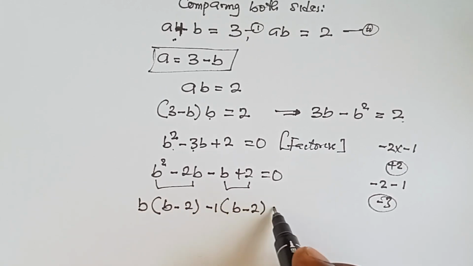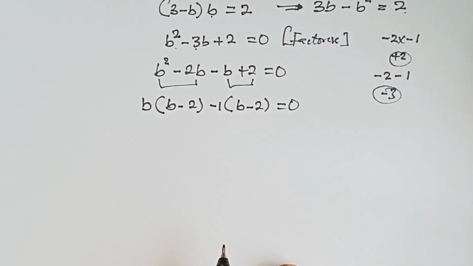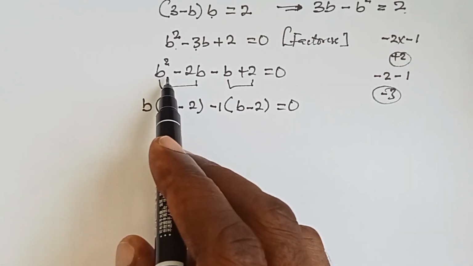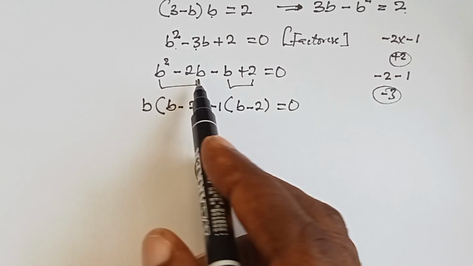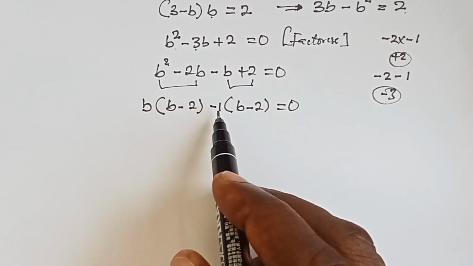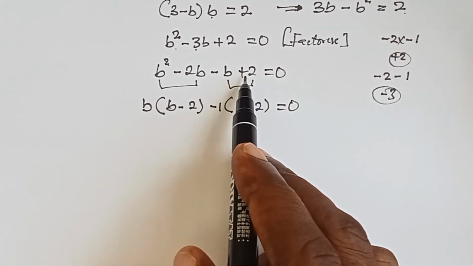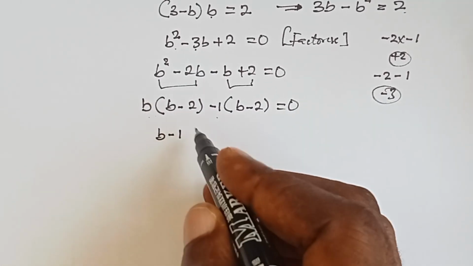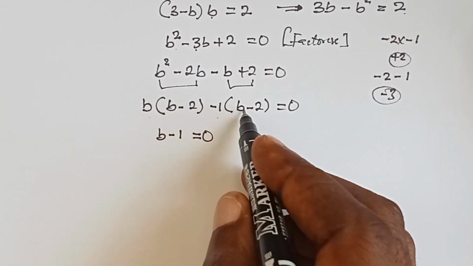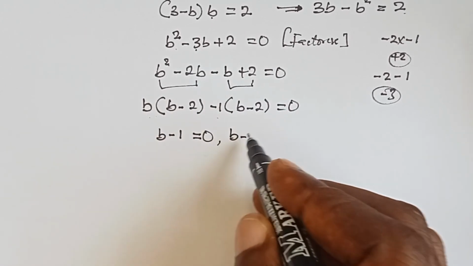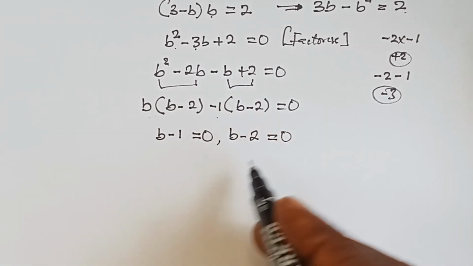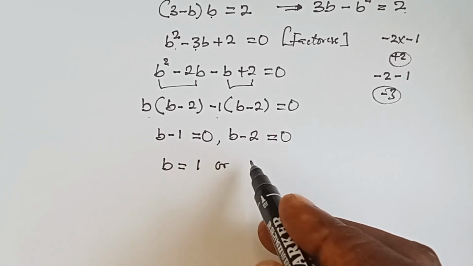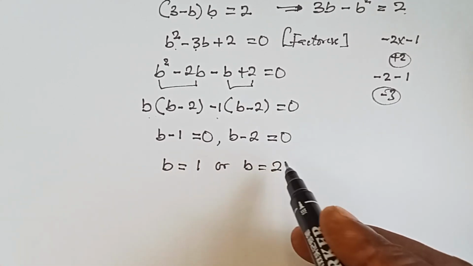So we have b(b minus 2) minus 1(b minus 2) equals 0. By the time we expand, we get b squared, minus 2b, minus b, plus 2 equals 0. Then we pick the brackets: b minus 1 equals 0 and b minus 2 equals 0. From there, b equals 1 or b equals 2.